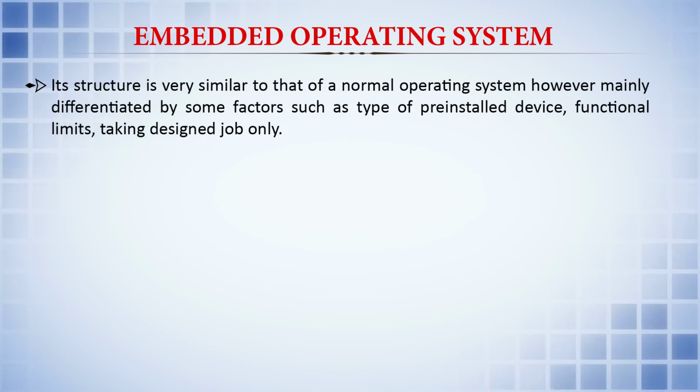Its structure is very similar to that of a normal operating system like any Windows based or Linux based operating system. However, it is mainly differentiated by certain factors such as pre-installed device, functional limits, and taking design job only. So, if the embedded system is meant for only a single task, the operating system behind it may have very limited functionality, taking the single job designed and meant for it.